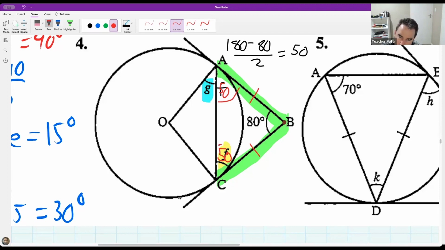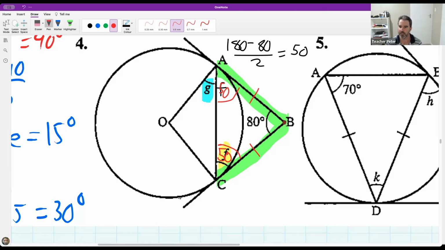Now we have to figure out what G is going to be. Last question of the day, what is G going to be? Put your answers in the chat.